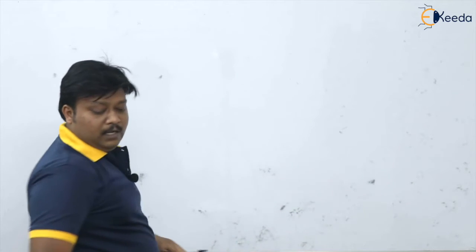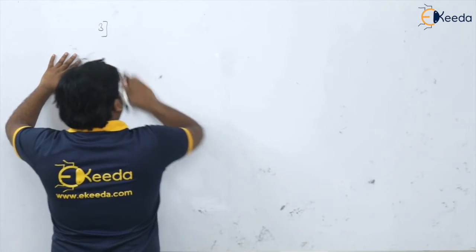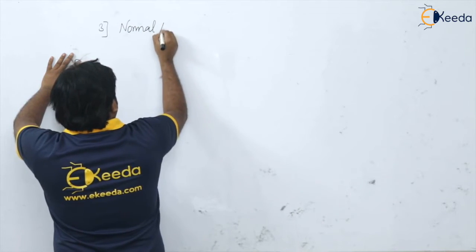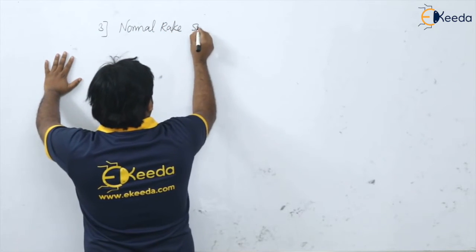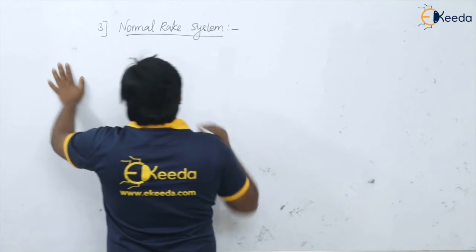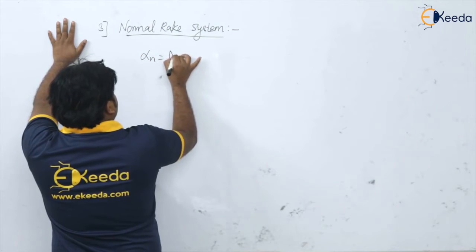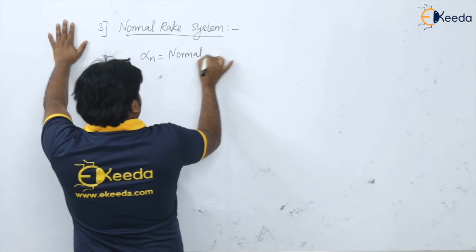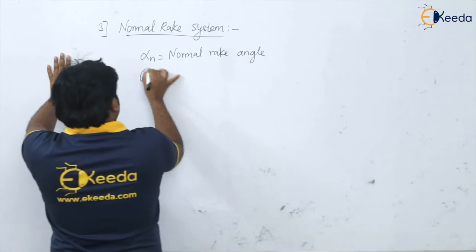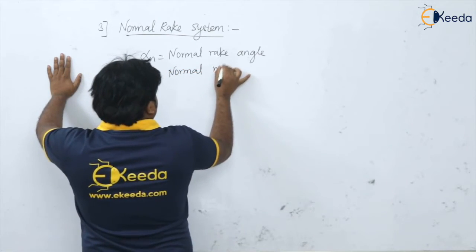Okay. Now the next tool designating system we have is the normal rake system, NRS. Here we need the value of the normal rake angle, alpha n, and theta n, the normal relief angle.